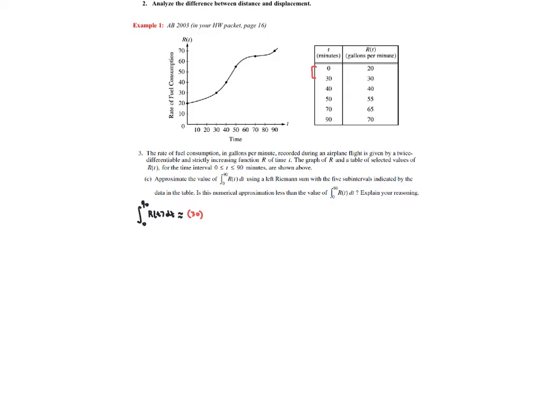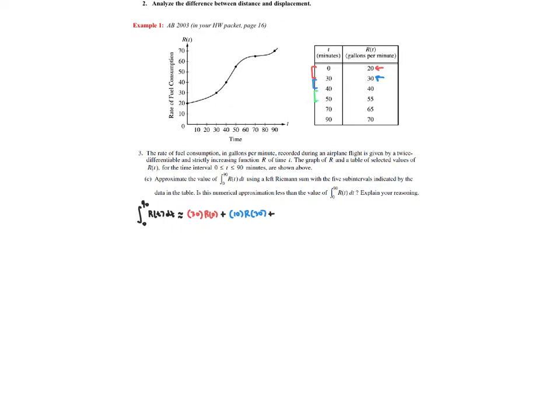And using the left Riemann approximation, we're going to take r of 0, which will be 20, plus the second interval from 30 to 40, which if I took 40 minus 30, I'd get 10. That's the base length of that rectangle. Using the left rectangular method, r of 30 will be 30. We'll calculate that in just a moment.